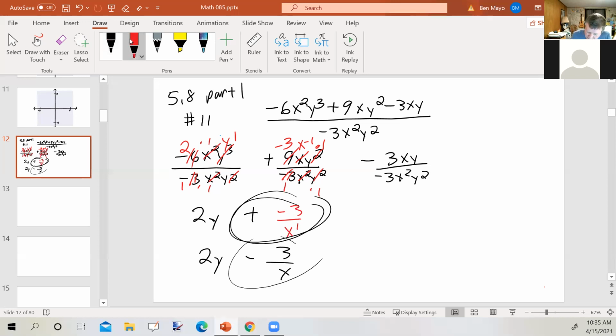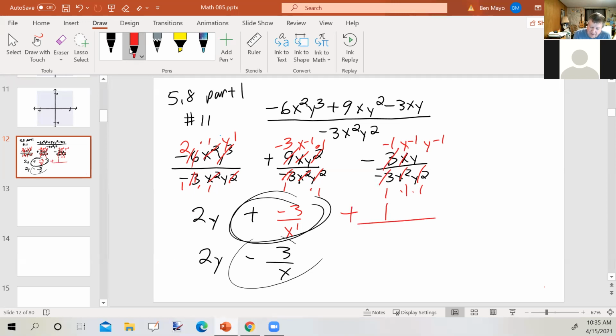Okay, next we've got minus 3 over negative 3, which is negative 1 over 1. X over x squared would be x to the negative 1. Y over y squared would be y to the negative 1. And this is all over 1. So I've got subtracting a negative, which would be like adding a positive.